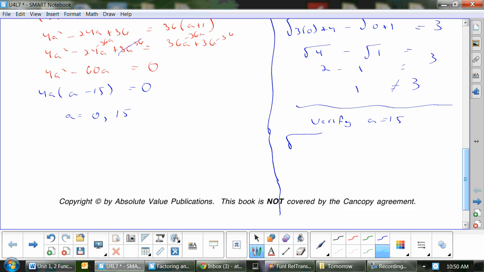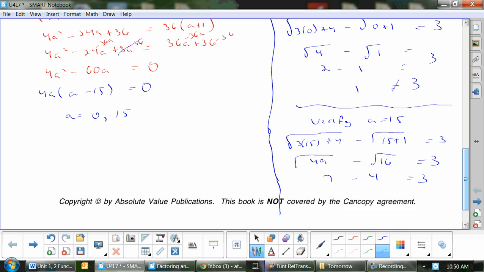So square root of 3 times 15 plus 4 minus square root of 15 plus 1 is supposed to equal 3. Square root of 3 times 15 is 45. 45 plus 4 is 49, minus square root of 16, is supposed to equal 3. 7 minus 4.